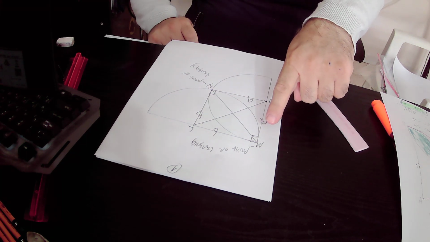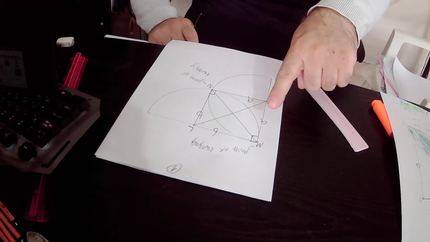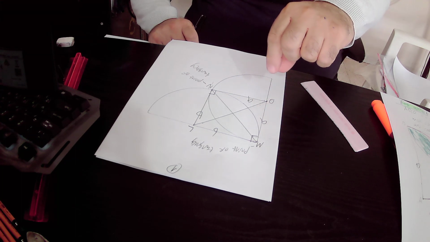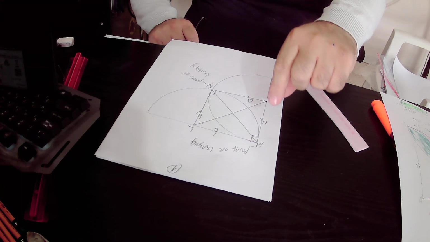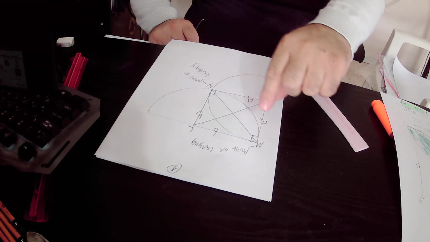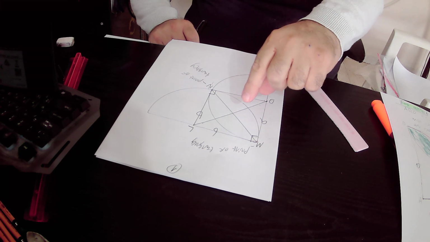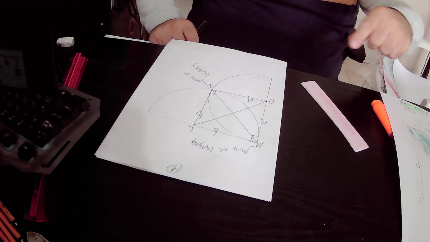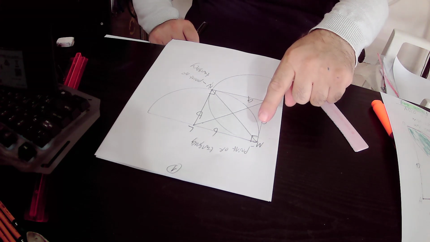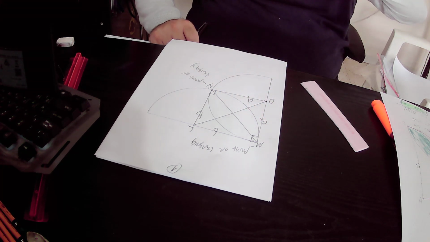By joining points M and N by a straight line, we divided this lens into two parts. We have the upper circular segment MN and we have the lower circular segment MN.